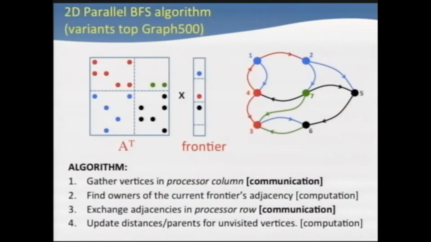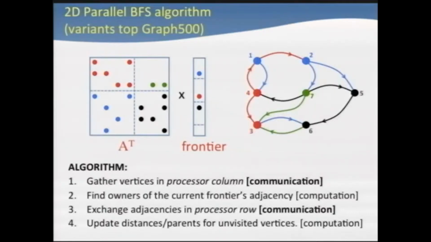So here's an example of what I mean. This is a graph color-coded for processes, and this is its adjacency matrix. I am dividing this graph among 4 processors using what we call the 2-dimensional data decomposition. As you can see, it's fairly obvious how you would divide the sparse matrix for 2-dimensional data decomposition.